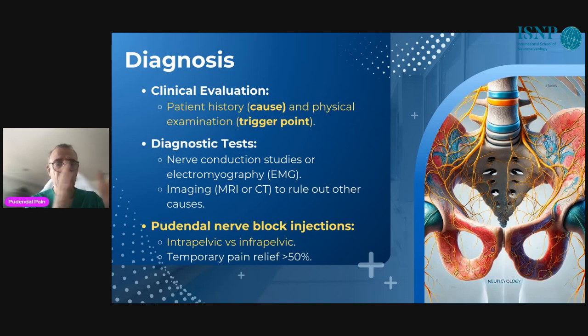Then, after the patient history and the vaginal examination of the pudendal nerve above and below the pelvic floor, the next very important point for diagnosis will be pudendal nerve block injection, because you can do a pudendal block below and above, and that can be very helpful to make the diagnosis of the localization of the pathology of the pudendal nerve.